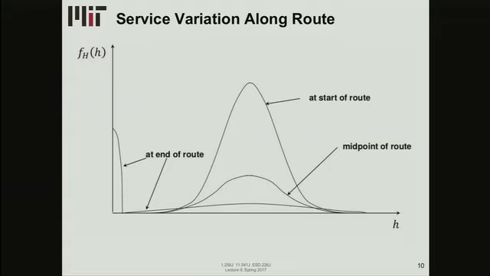Okay, so if you were to survey headways at different points along the route, you would see that if you start at a terminal, this is like a probability density function, but they're not normalized, so don't think about scale. So you have headway on the horizontal and the probability density on the vertical.